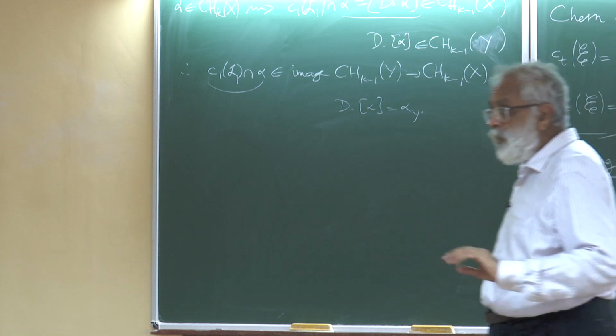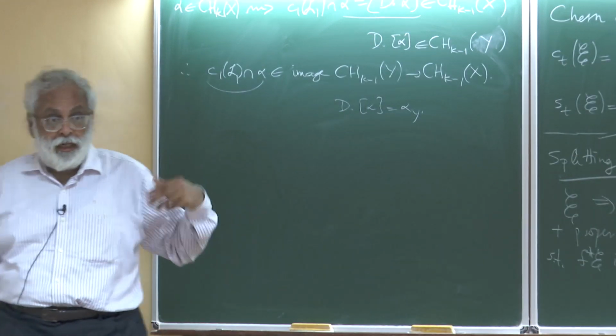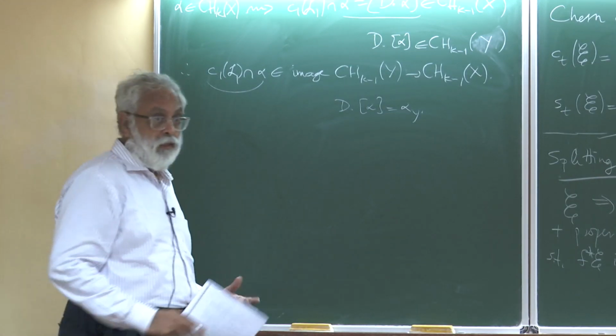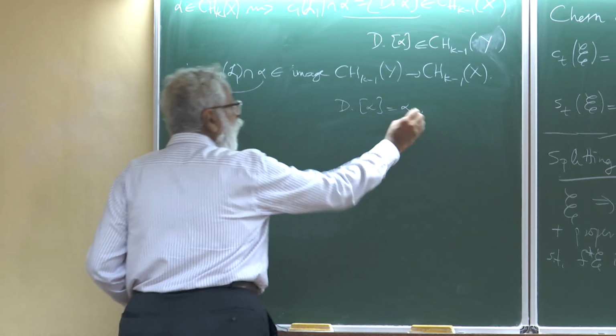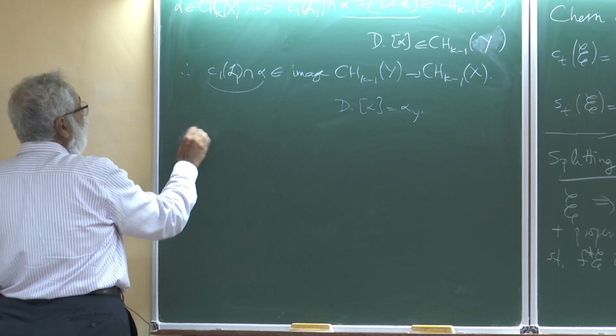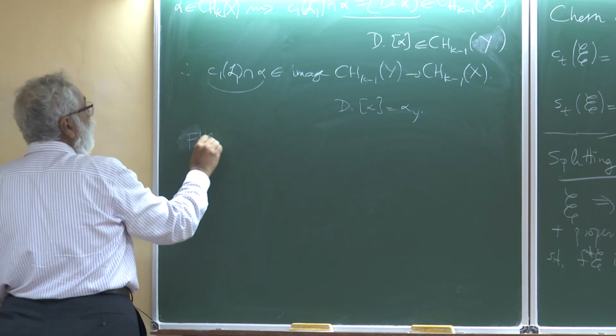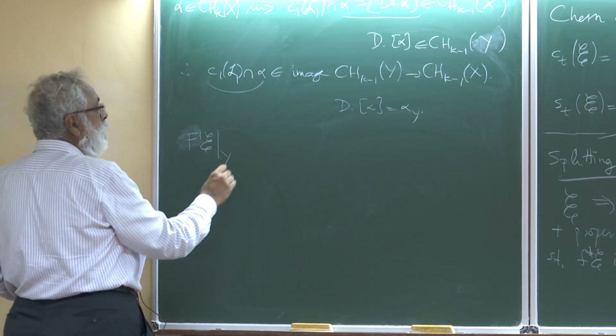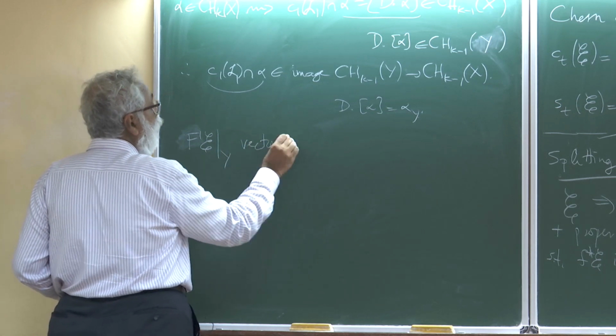But that calculation, instead of doing it on X, I can now do it on Y. So this is some new element alpha Y, and I have the vector bundle F1E restricted to Y, the vector bundle of rank R minus 1.